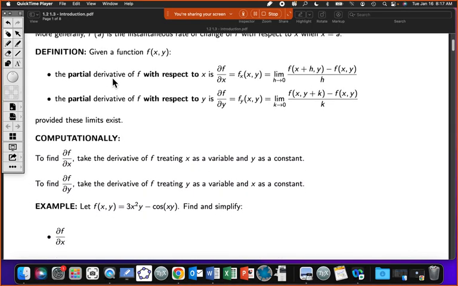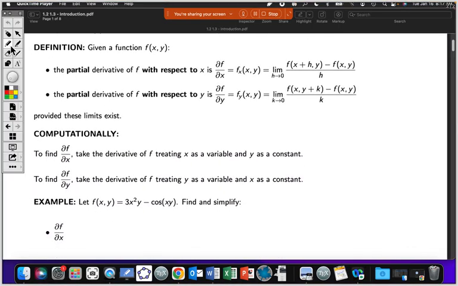If you have a function of more than one variable, then we can do the same thing one variable at a time. That's one of the big themes in Calc 3. So if you notice here, this notation, the partial of f with respect to x, f_x, we're still looking at the change in the function, but notice we're only changing the x.